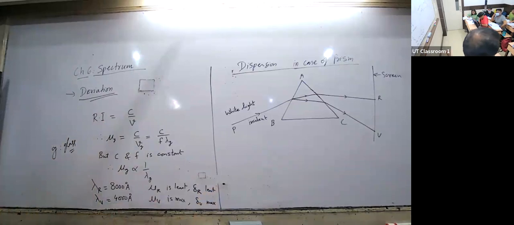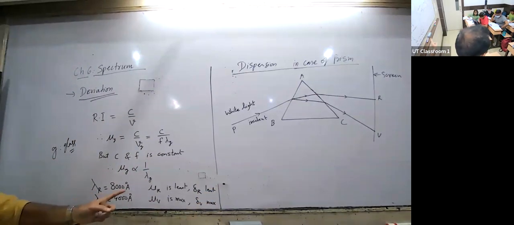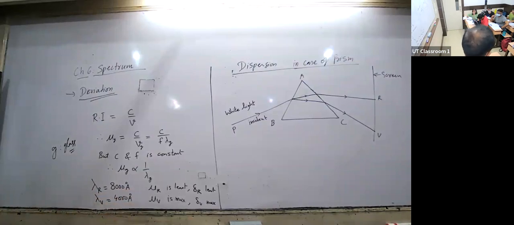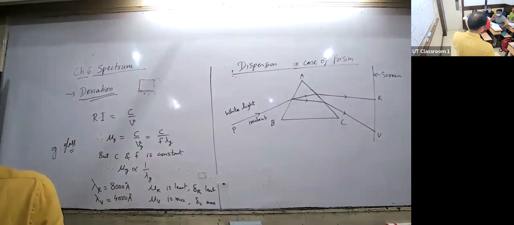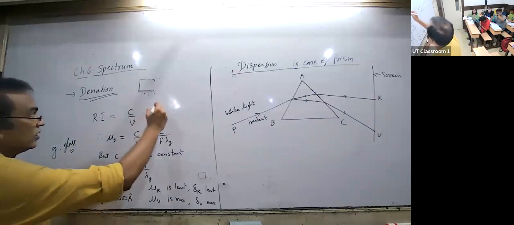Having understood the deviation, more wavelength, least deviation, right? What about the speed then? The speed would be higher for red. जिसका wavelength ज़्यादा होगा उसकी speed ज़्यादा होगी. Because speed depends on wavelength, right?